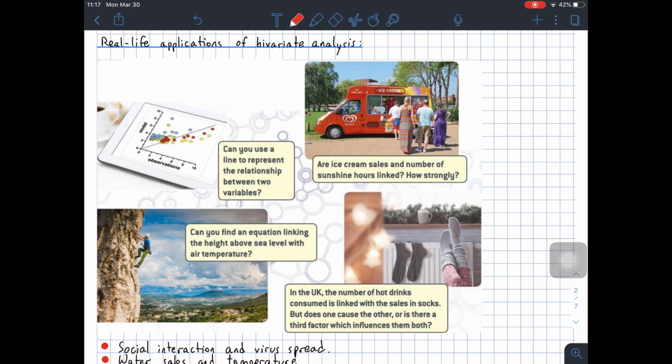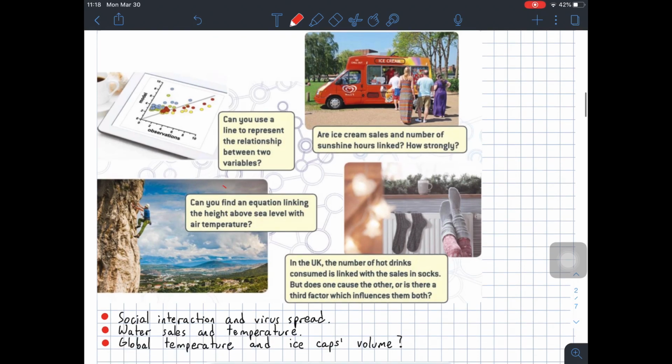Because the hours of sunshine cannot be predetermined by ice cream sales, but ice cream sales can be predicted by sunshine hours, right? We can act upon that variable, ice cream sales.